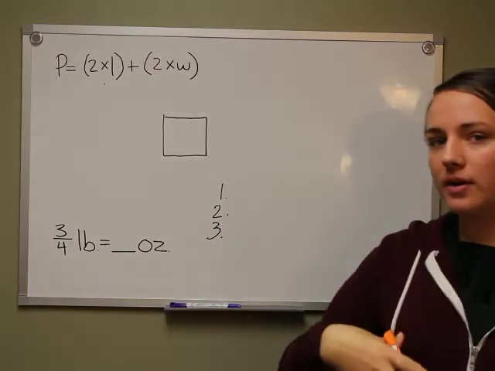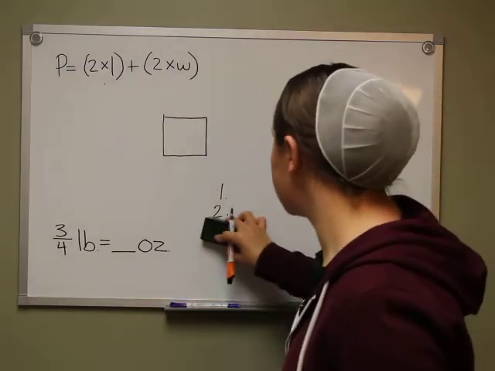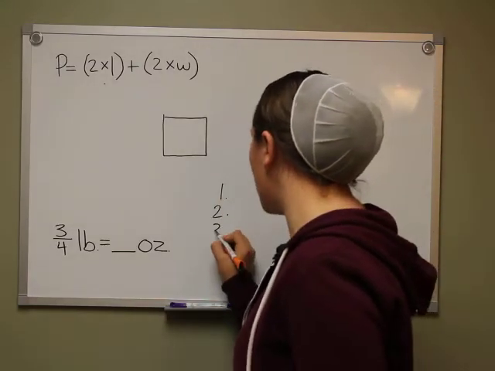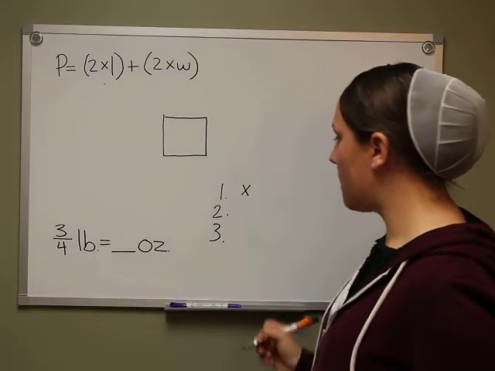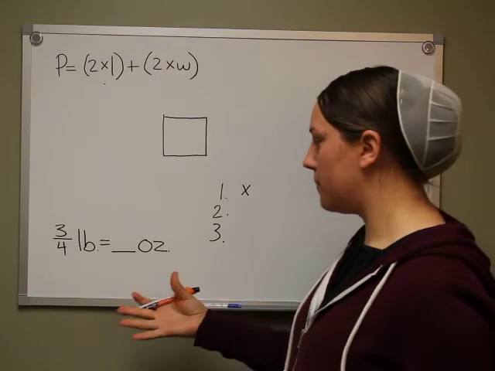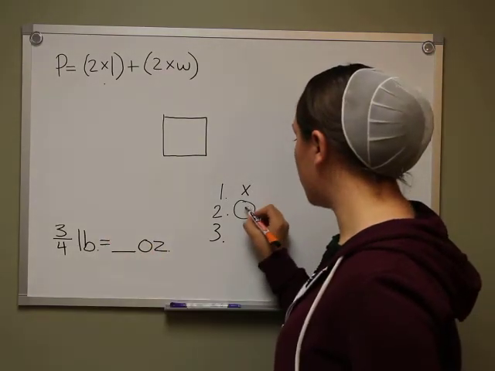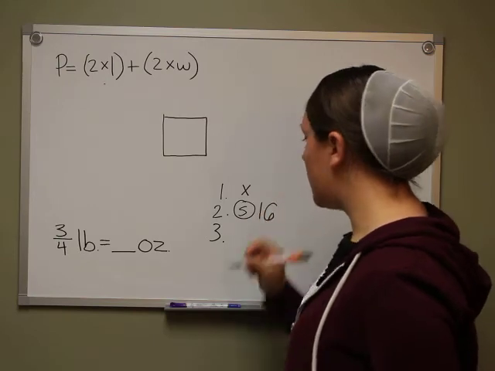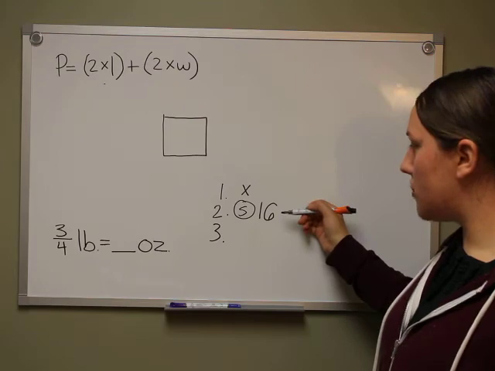Will we multiply or divide? Remember, that's our first step. Our first step is either multiply or divide. So we have larger to smaller, which means we're going to multiply. Our special number is how many ounces are in a pound. So what would that be? That would be 16. And so we have multiply, and our special number is 16.